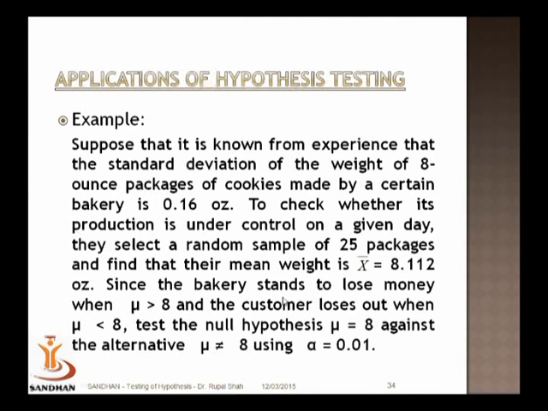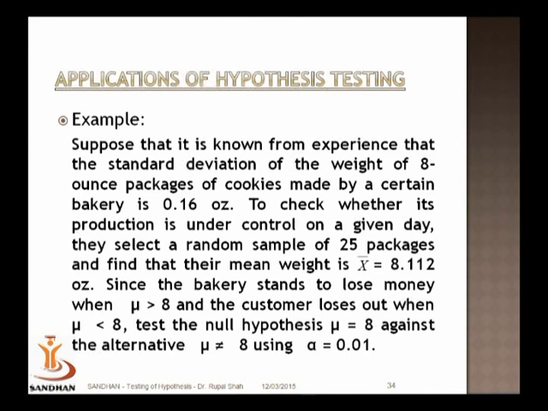So now you can imagine the situation that if the packages consist of more than 8 ounce of cookies, then the bakery is at a loss, and if the package consists of less than 8 ounce, then the customer is at a loss. So here on both sides, the target value is 8, so neither more than 8 nor less than 8 ounce weight in any packet is a good thing.